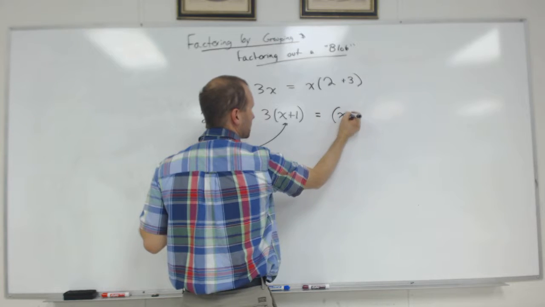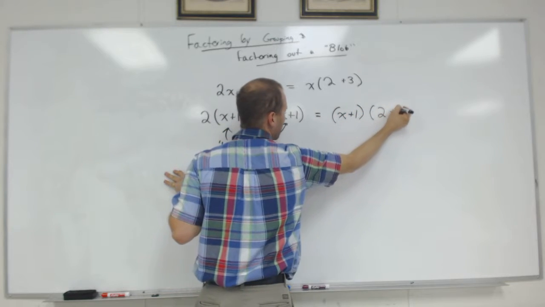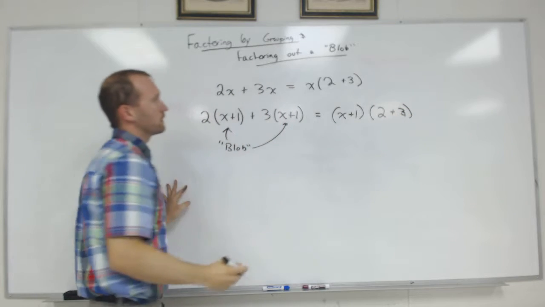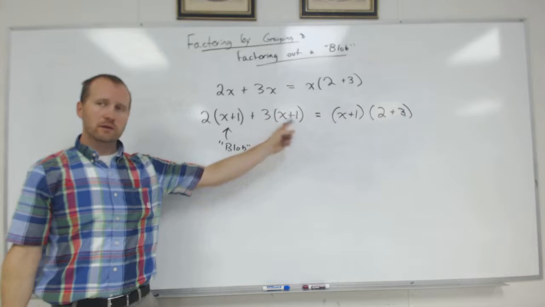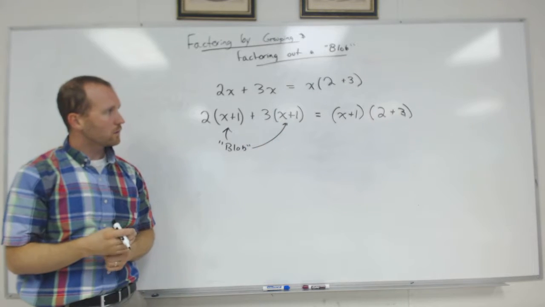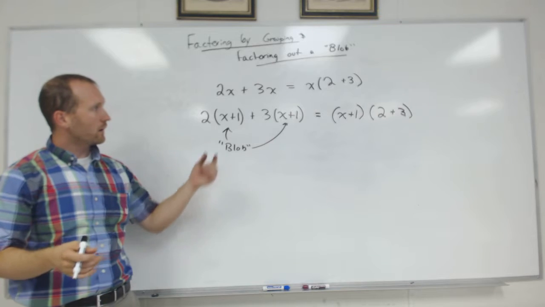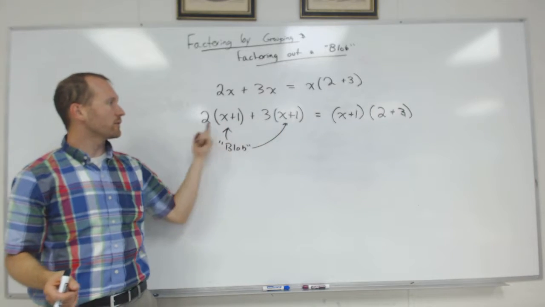I can take out x plus 1. And what I have left is 2 plus 3. So the 2 and the 3 are left because I factored out that blob. Right, I took out the blob, and I just have whatever's in front of it left.